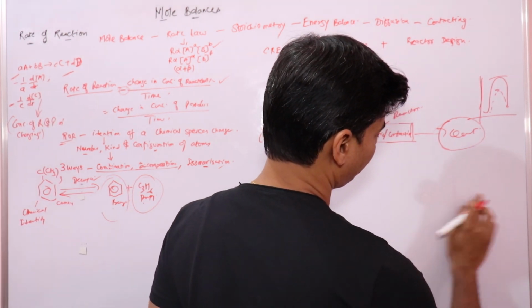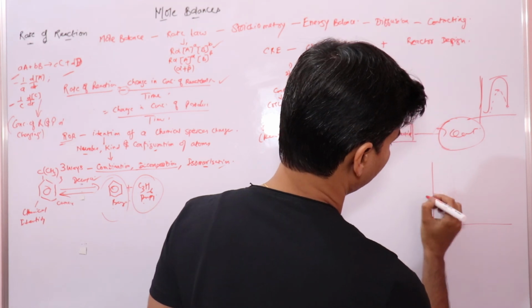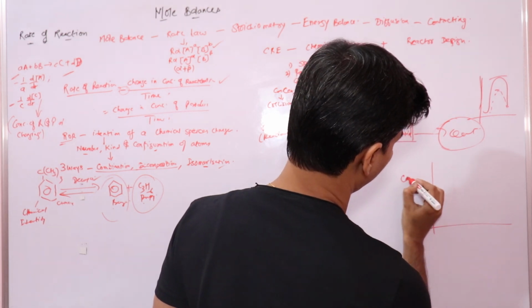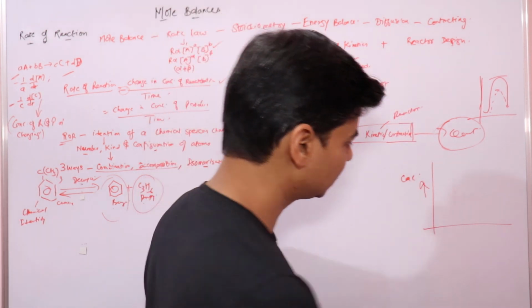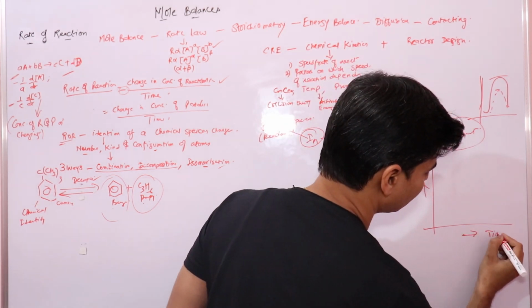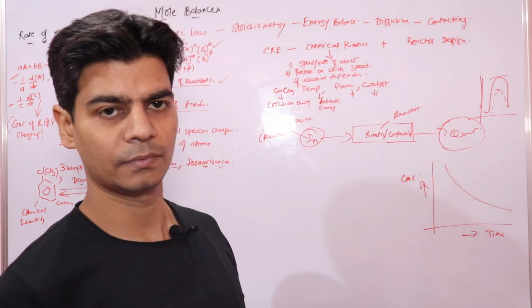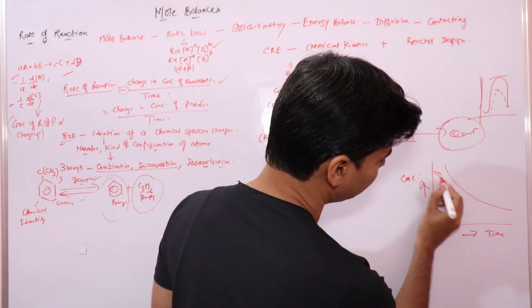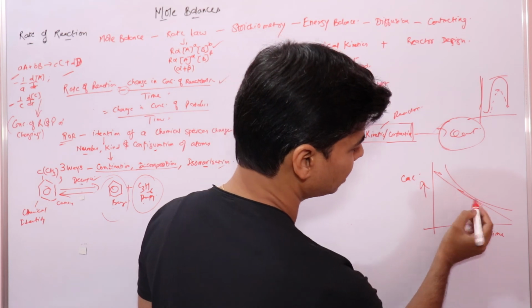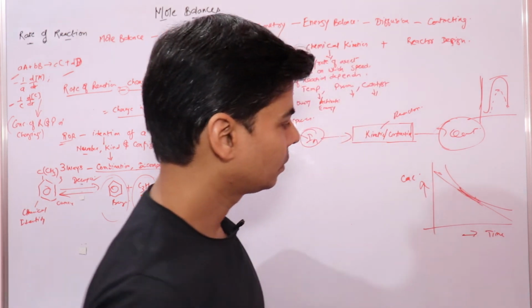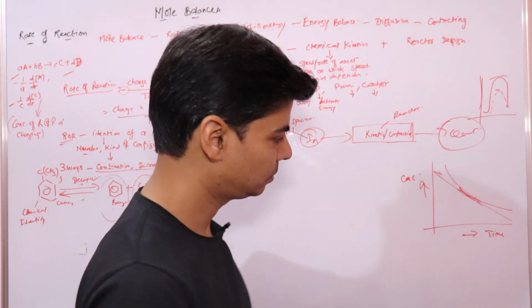If you have this graph, time on the x-axis and concentration on the y-axis, you get this kind of graph. If you take the tangent of this graph, it will give you the rate of reaction.